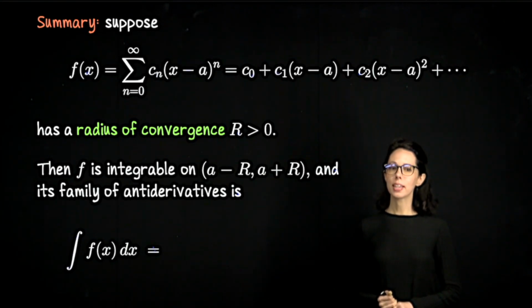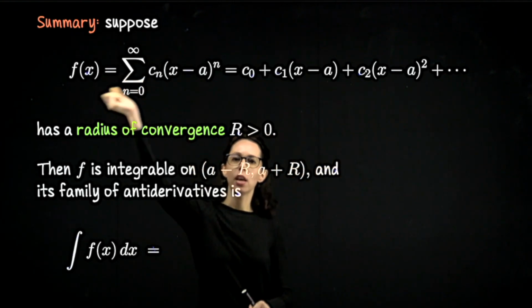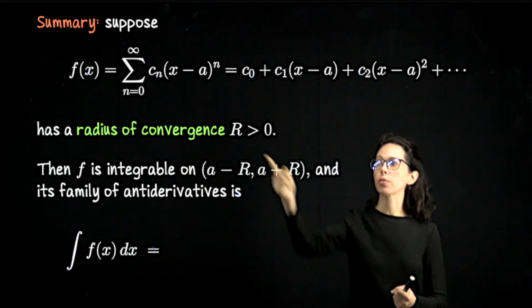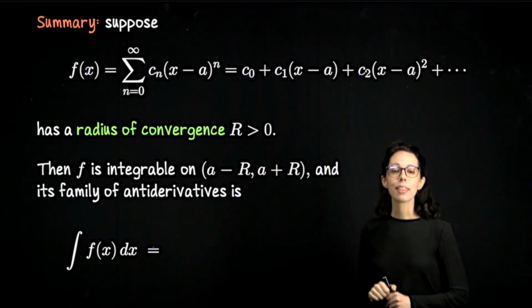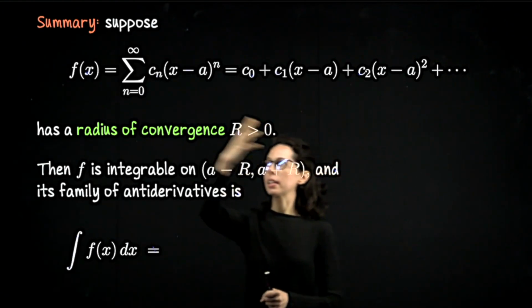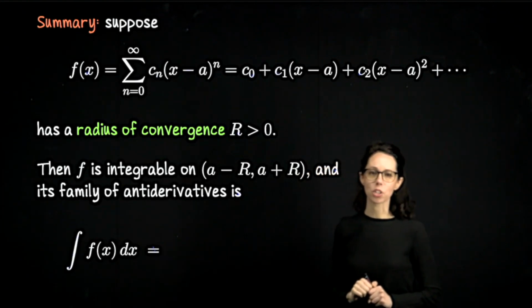Let's summarize the main ideas that we saw in this video. Suppose you have a function f of x with a known power series representation with some positive radius of convergence. Then we can anti-differentiate both sides of this equality to get a new function, the antiderivative of f, with a new power series representation.